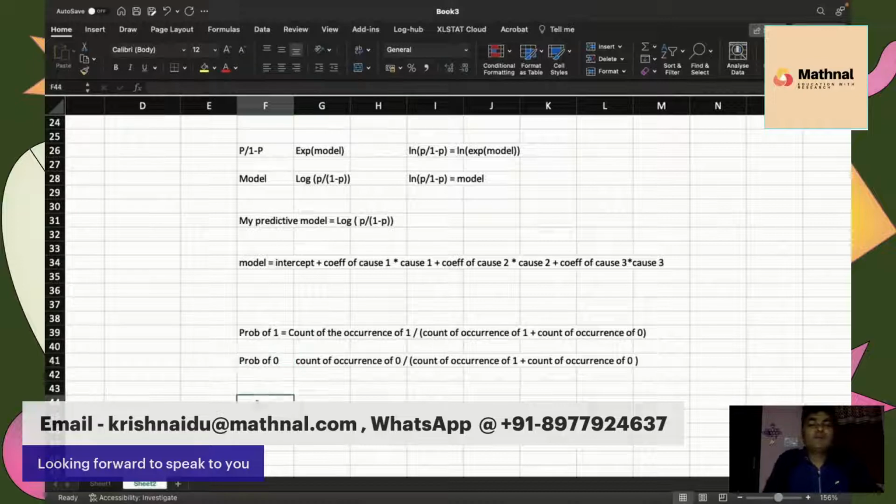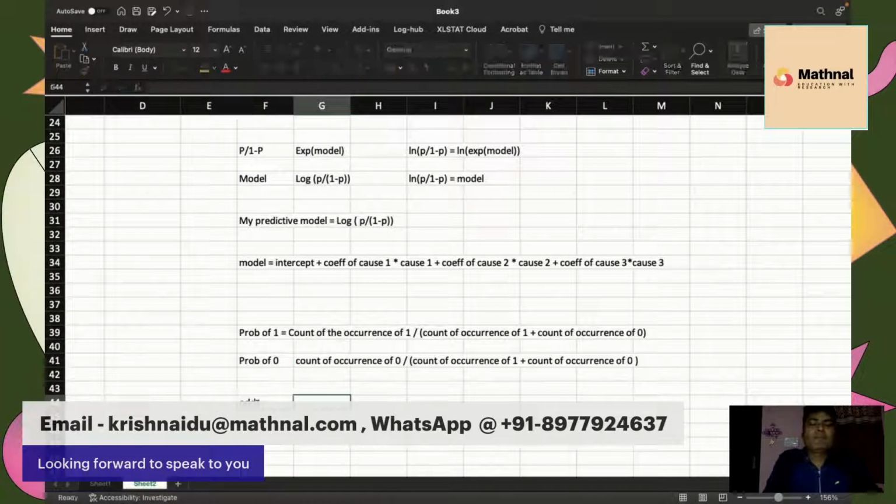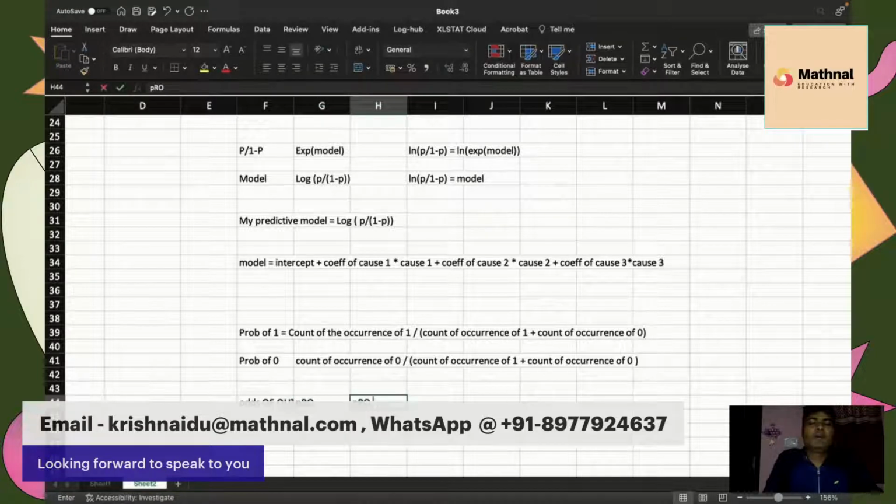And what is odds? The odds of outcome 1 is equal to the probability of 1 divided by the probability of 0.